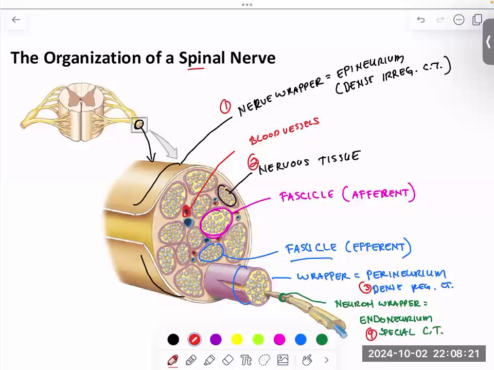That is why this is an organ. Many tissues coming together.